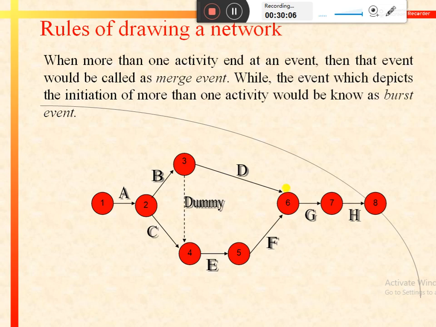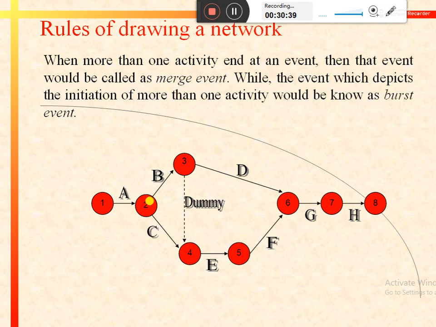While the event which depicts the initiation or starting of more than one activity would be known as a burst event. Like in this diagram, we can see node 2 or event 2 depicts the starting of two activities, activity B and activity C. So event 2 would be known as the burst event, because more than one activity is emanating from this particular event.